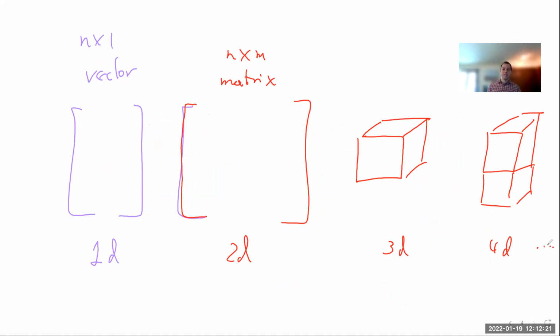Okay, so initially we were doing well, calling things by their names, vector, matrix, but after that, we just have too many options, right? We would have to have an infinity of names to cover all of these. We don't really want that.